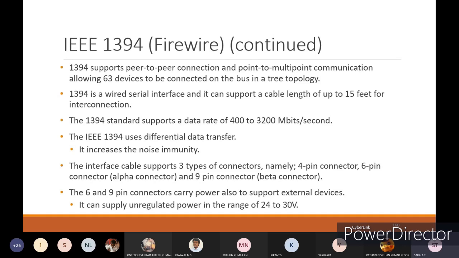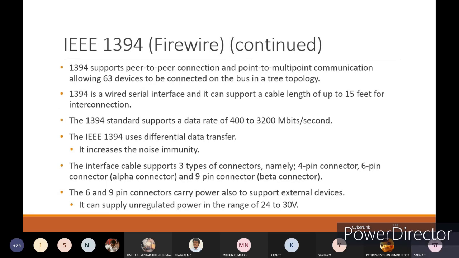Okay, and 1394 is a wired serial interface, and it can support a cable length of up to 15 feet for interconnection. You can go for a cable length of 15 feet for the interconnection between the host and the devices. And the 1394 standard supports a data rate of 400 to 3200 megabits per second.